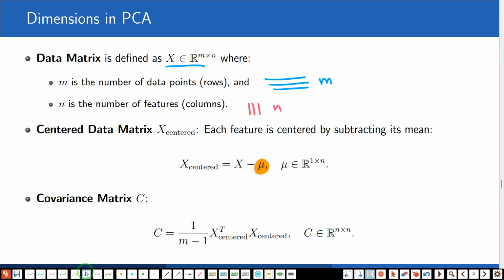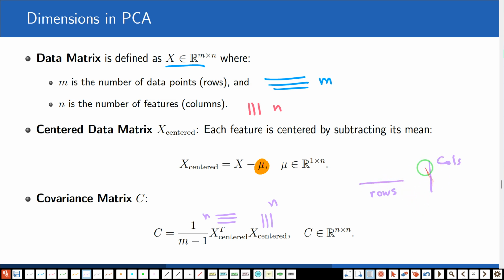However, here we have n features, and the transpose of that will be n features in this way, because when transposing a matrix, you're switching the rows and columns. And we know that when calculating the product of two matrices, we multiply rows of the first matrix by the columns of the second matrix.